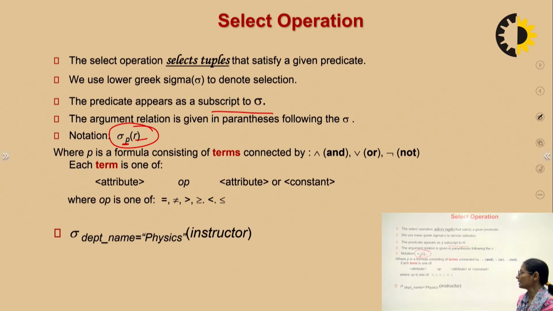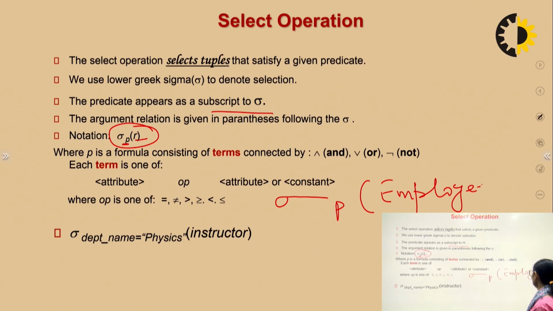Let's suppose I want to select all the persons whose name is Ram. So here we have the sigma operator, predicate, and then relation. Let's suppose my relation is the employee table. So the name of the relation in this case is employee.